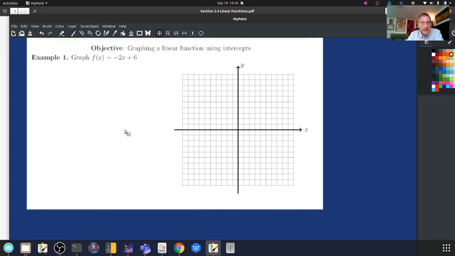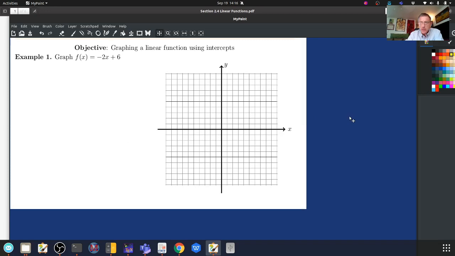So here we have what we're supposed to do. We're going to graph f of x is equal to minus 2x plus 6 using the intercepts. So here's just a little bit of review.